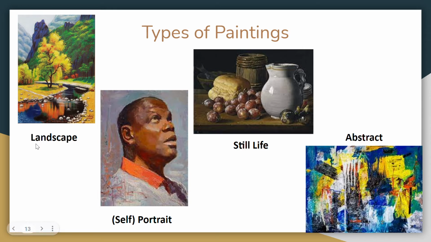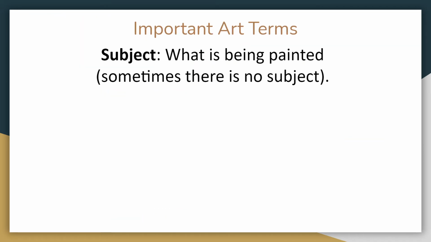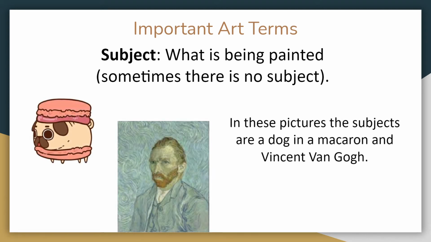And we have landscape, which is just nature. Landscape is nature. So these are the types of paintings. Now we are going to talk about ways to describe these paintings.